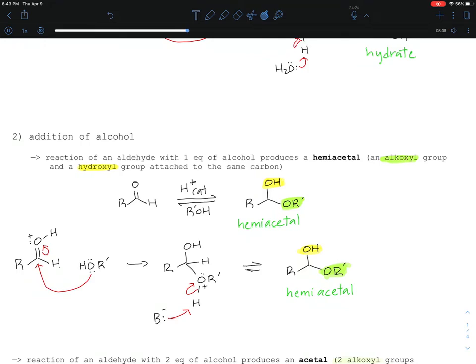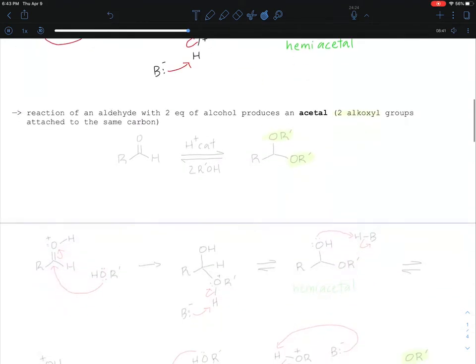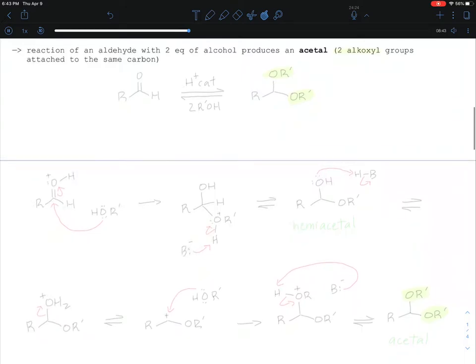What if I were to add two equivalents of alcohol instead of one? Well, if I added two equivalents to my aldehyde, so I'm going to take my generic aldehyde again, under acidic conditions, and now instead of one equivalent, I'll have two.